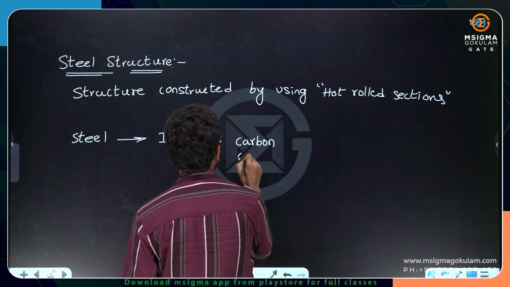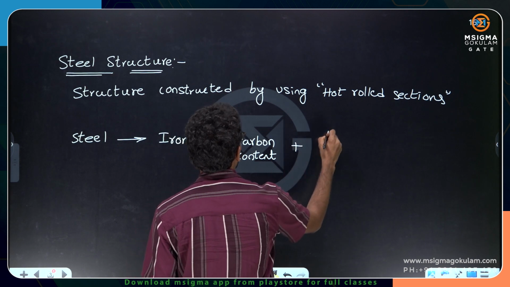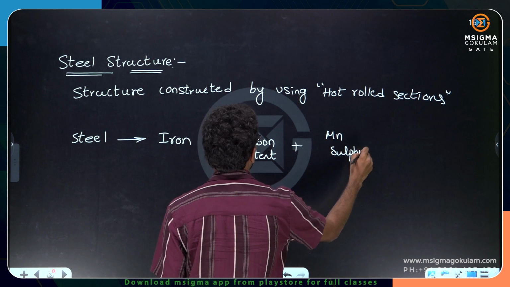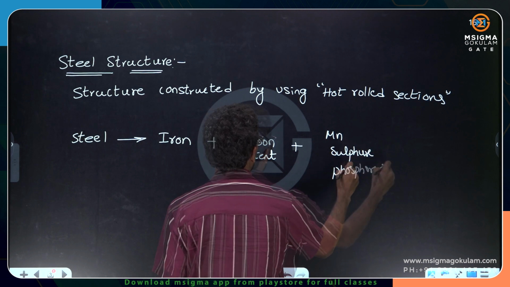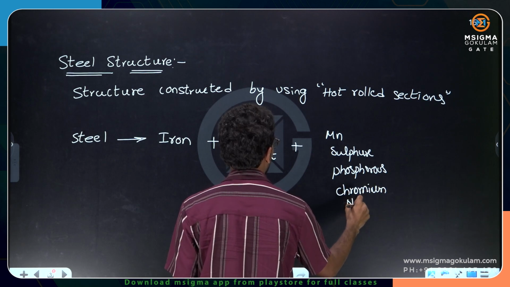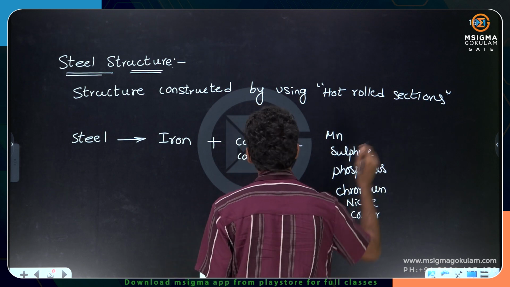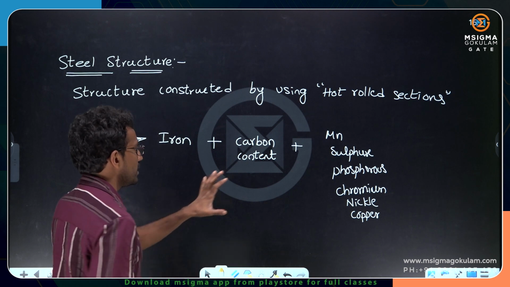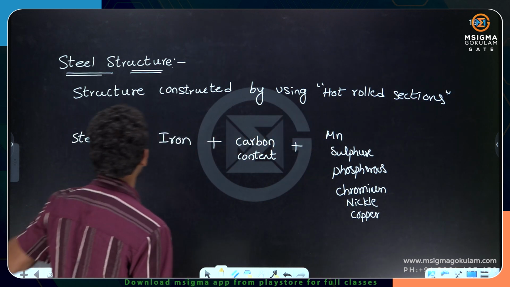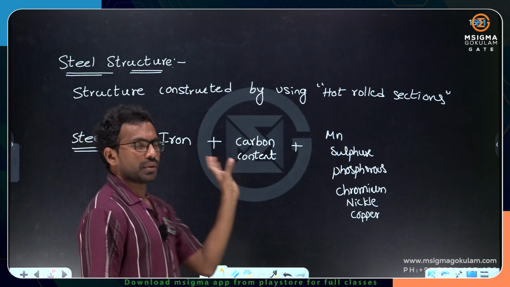Then we need to add manganese, sulfur, phosphorus, chromium, nickel, and copper. If you add these things to the iron as well as carbon, then we get steel. This is how steel is manufactured. The iron we get from mining.